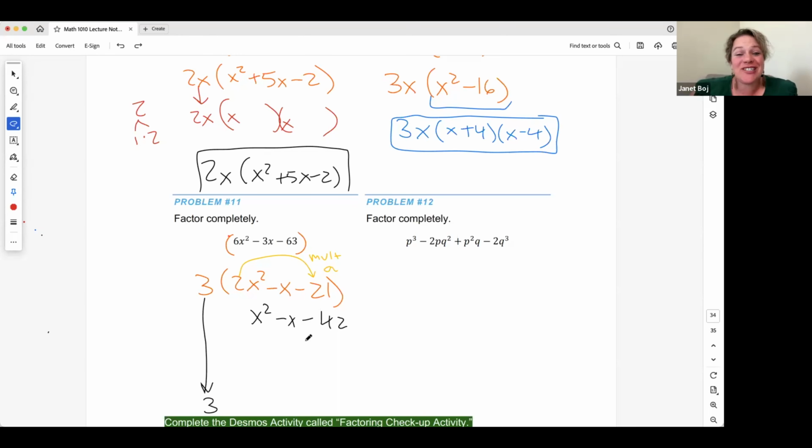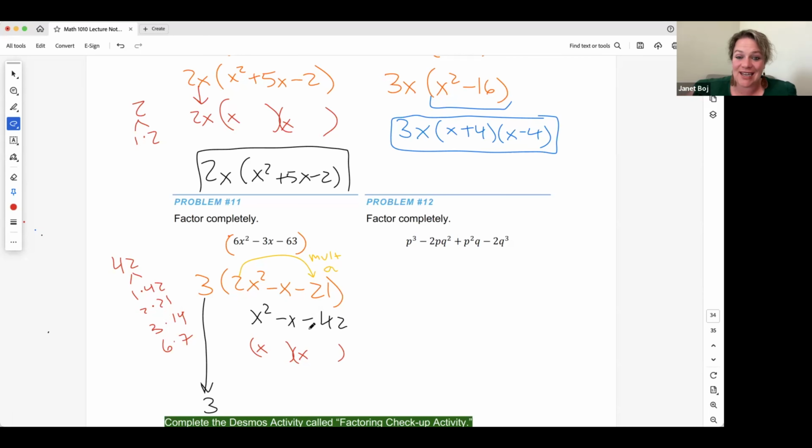Now we can factor just like we did when a is 1. We set up our template, so we know the first piece will be x squared, so x times x. Then we consider the multiples of 42. 42 is 1 times 42, 2 times 21, 3 times 14, 6 times 7. Which one of those will combine to give you 1?